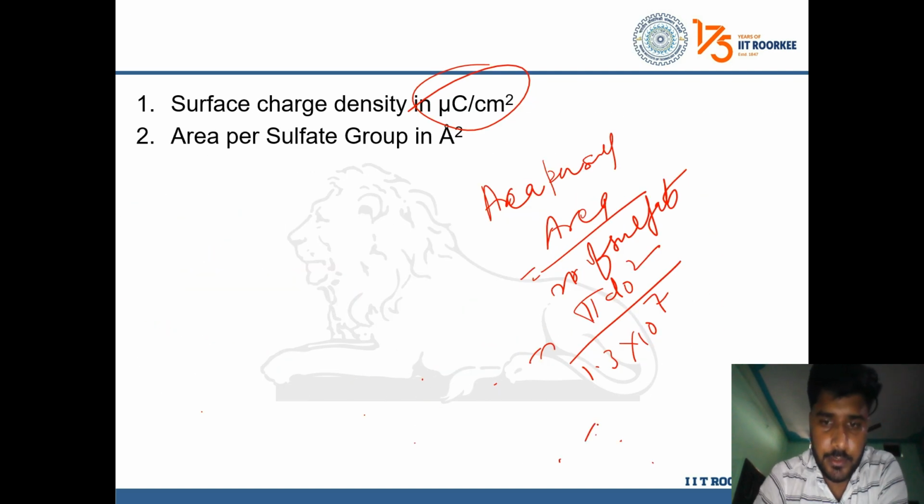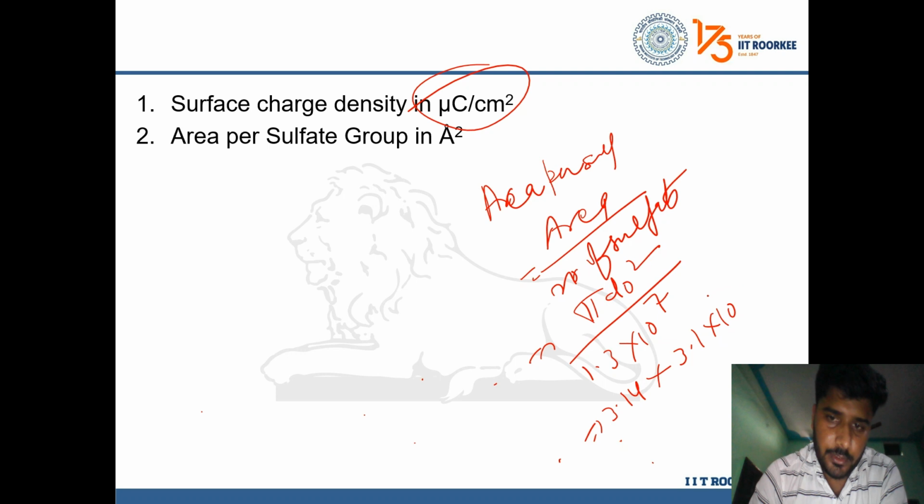So you simply calculate it, 3.1 10 to the power minus 6, that will be in meter, and 10 raised to 10, that will be the angstrom square.